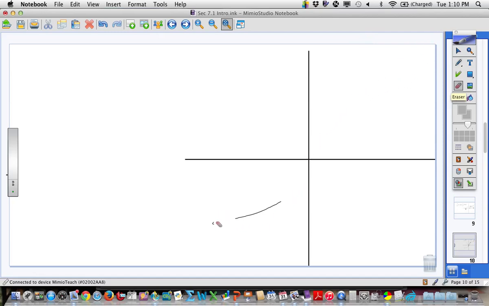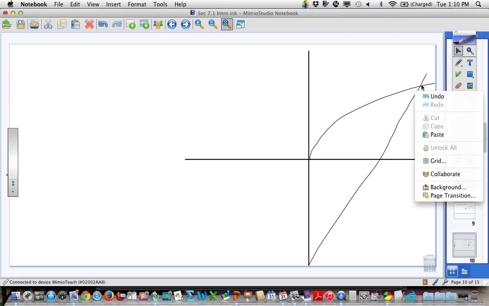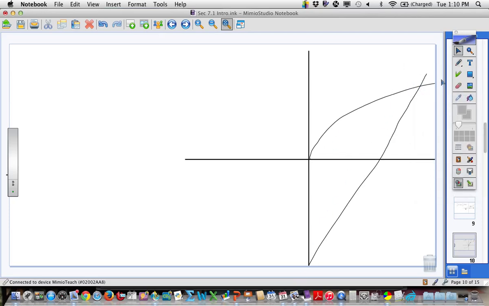If I was going to take this region right here, here's square root of x, so it goes like that. And here's y equals x minus 2, which comes down something like this, okay? So I've got this region in green that I'm trying to find. Now, this is y equals square root of x here, and this line is y equals x minus 2.